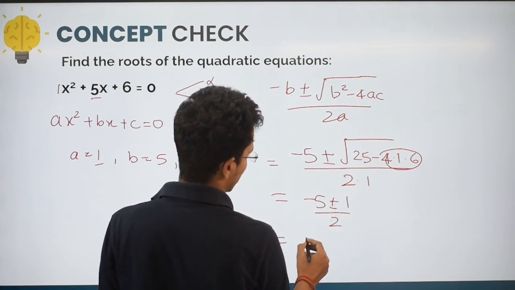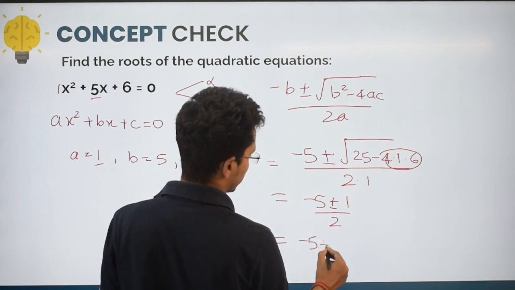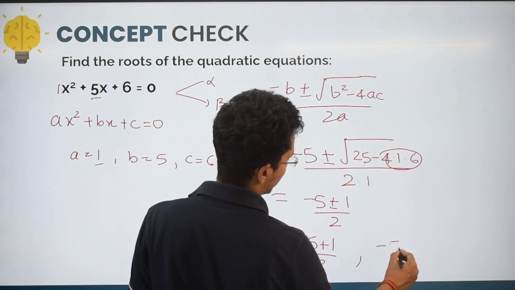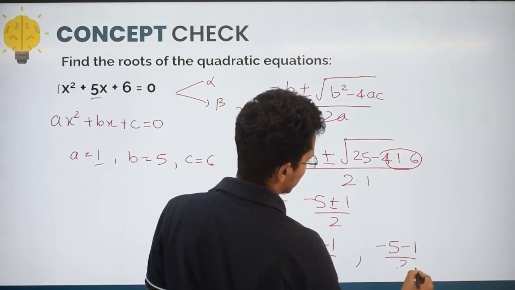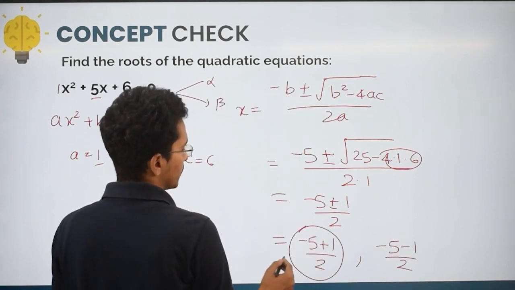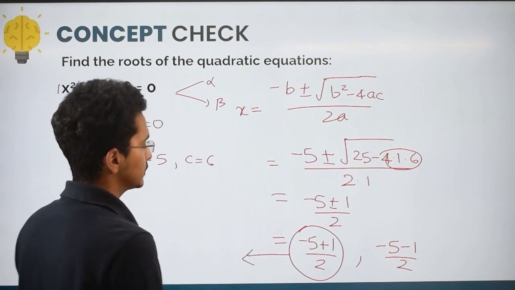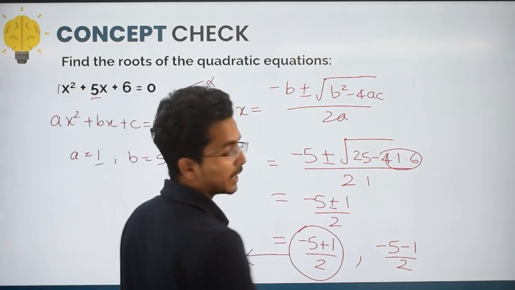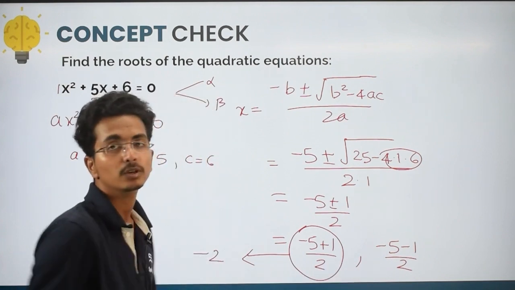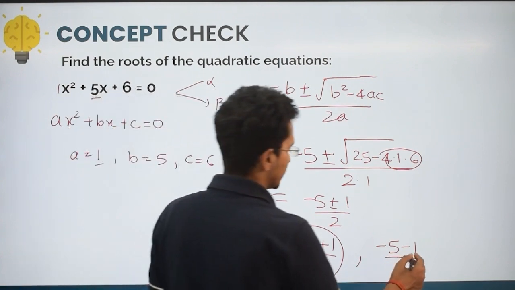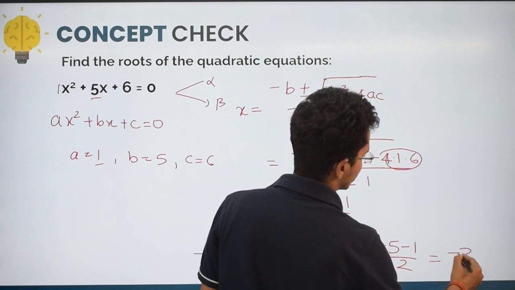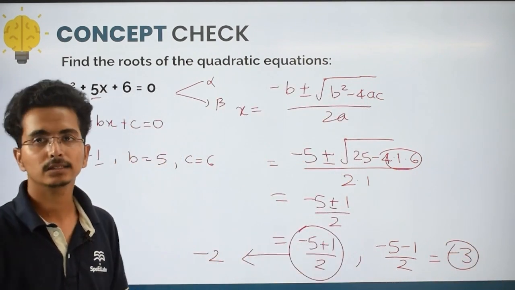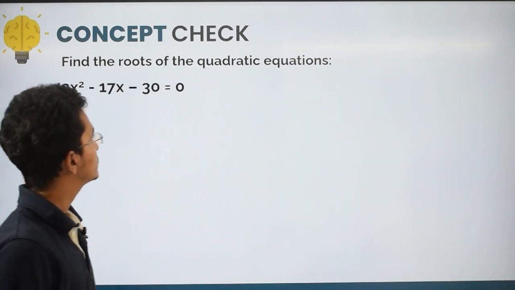One you can write with the plus sign, that is minus 5 plus 1 upon 2, and the second root will be minus 5 with minus sign, that is this. If you will solve this, minus 5 plus 1, it is minus 4 upon 2, which is minus 2. When you will solve with minus sign, it is minus 5 minus 1, which is minus 6 upon 2, it is minus 3. So there will be two roots of the equation, minus 2 and minus 3 over here, right? Let's see the next question.